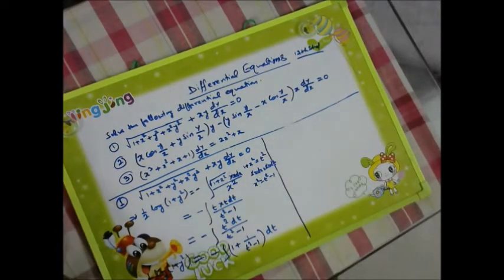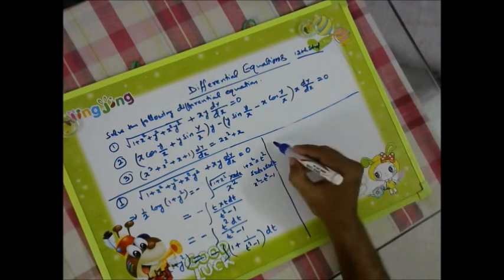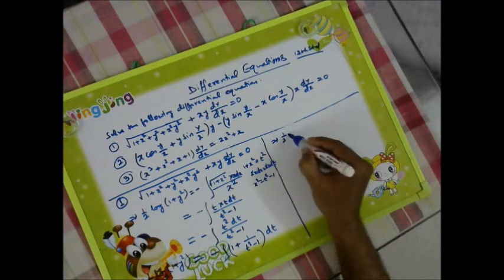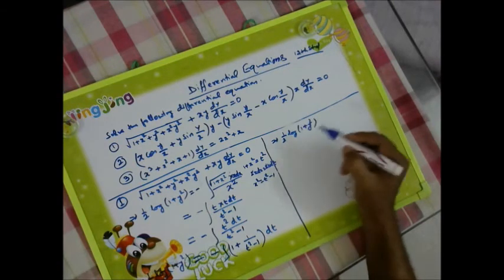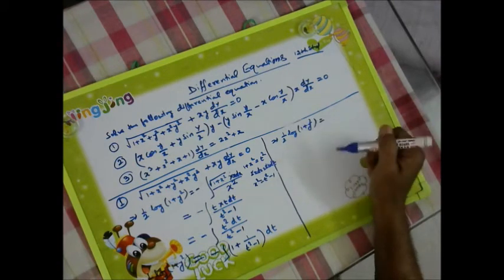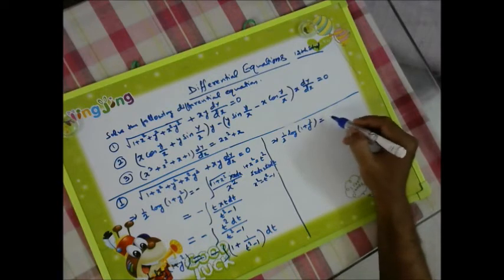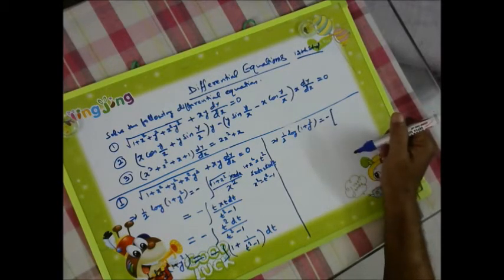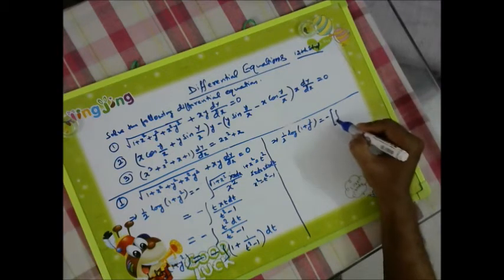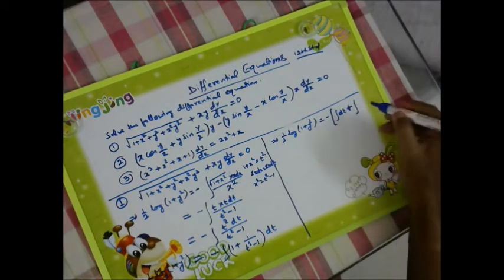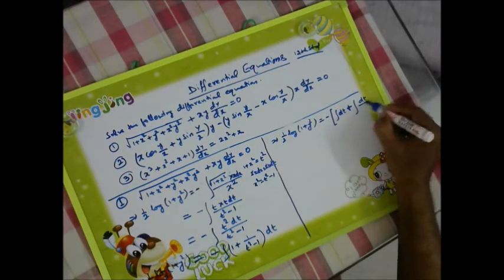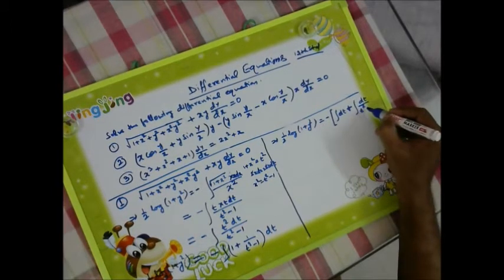Further, half log 1 plus y square is equal to, now minus, let us put it in bracket. So it will come as integration of dt into 1 plus another integration dt by t square minus 1.